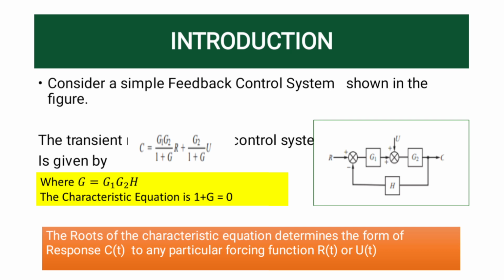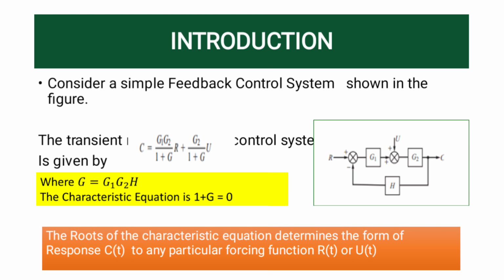If the roots of this characteristic equation lie on the left half of the complex plane, the system is stable. If they lie on the right half of the complex plane, it is unstable. If we write this characteristic equation in polynomial form, then stability can be analyzed by Routh stability analysis, using the sufficient condition and necessary condition.